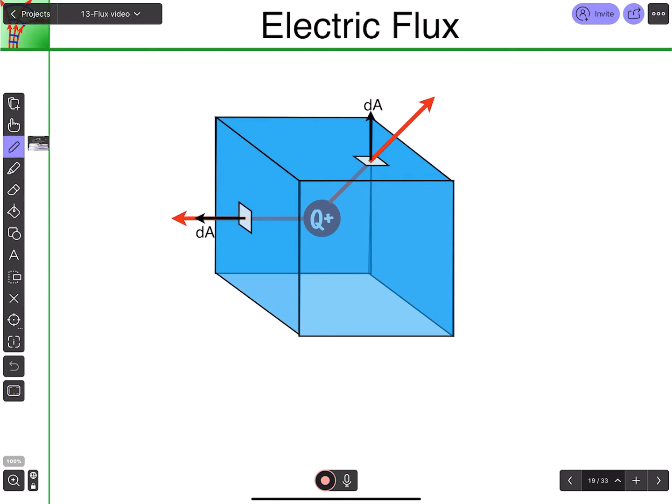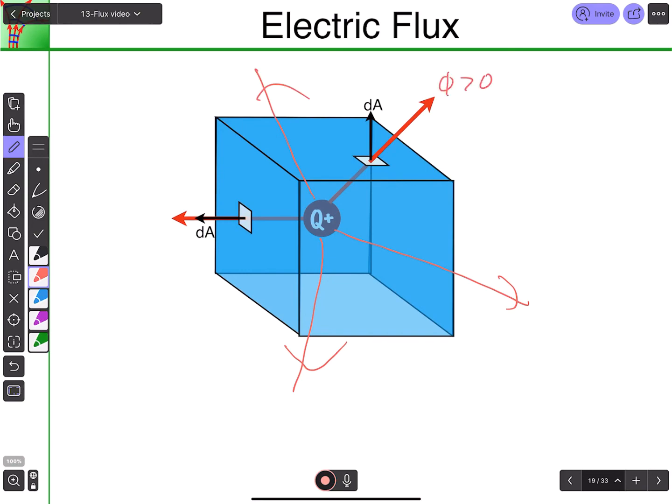What are the electric field lines doing? Well, all the electric field lines are leaving the positive charge and going outwards. They're all going like that. So you notice that the flux in each case is going to be greater than 0. The flux there is greater than 0, and here too. If that's my area vector and that's my electric field, the flux here is also greater than 0.